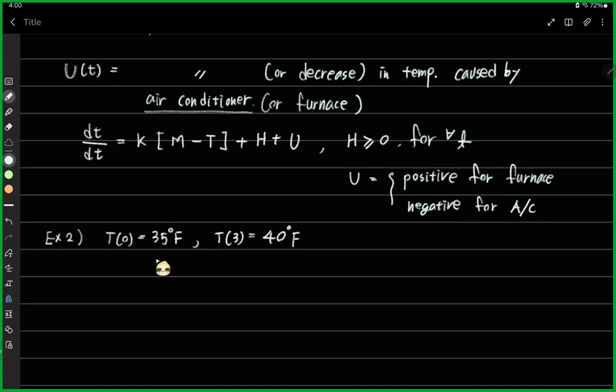Initially 35 Fahrenheit, and I think the beer is on the table in some restaurant, maybe in the summer. So the restaurant is maybe just a little warm. Okay, I think there is an air conditioner, but we just ignore that, furnace or air conditioner.